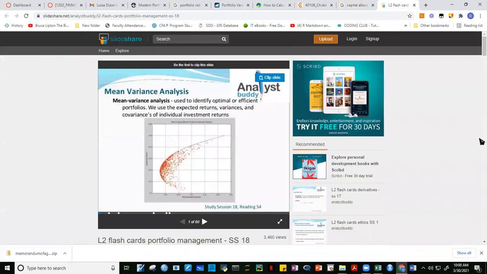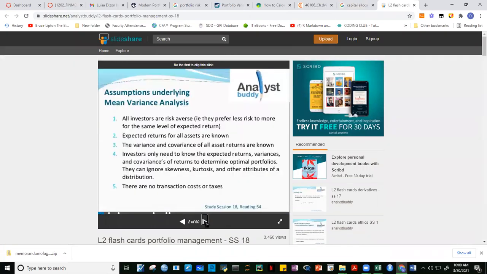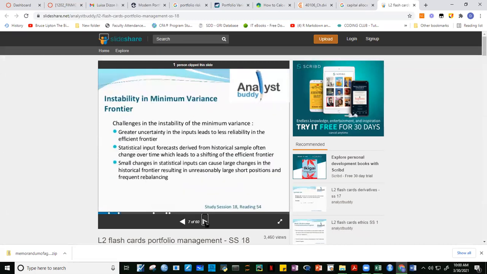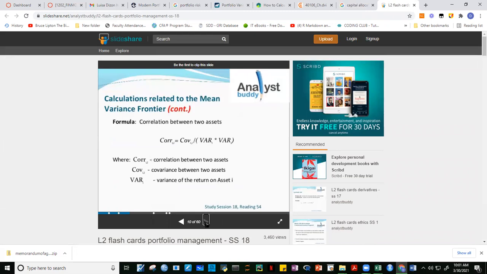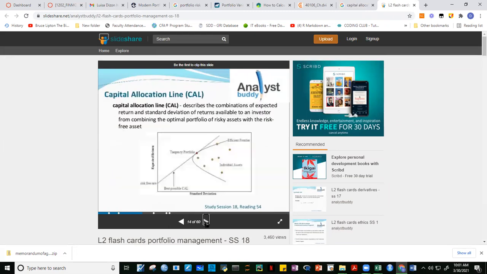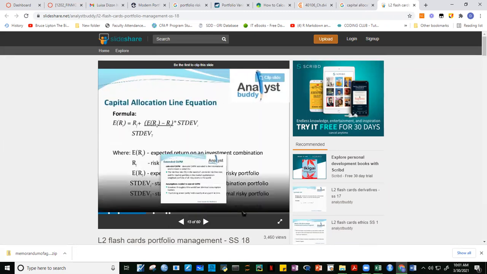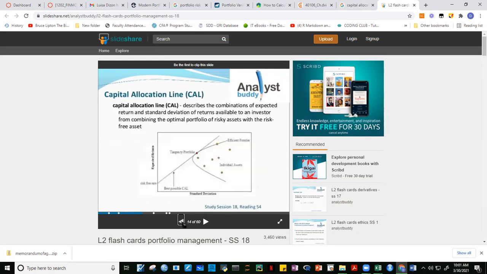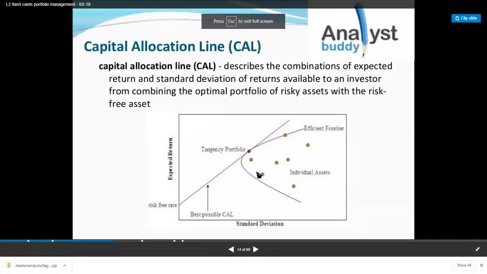Given the 10 assets, we'd like to generate this. Yan. This is what we call the capital allocation line. This is your efficient frontier.